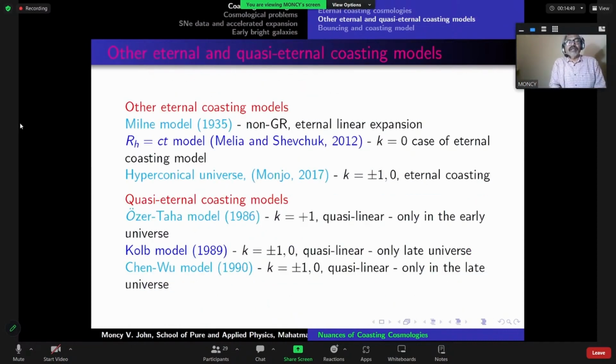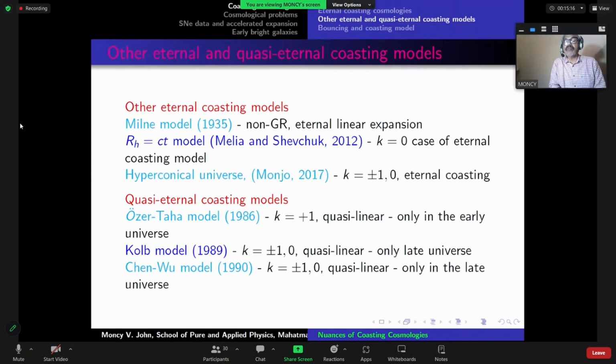And let me now consider the other eternal coasting models discussed in the literature. The classic Milne model of 1935 is a non-gravitational model. It has eternal linear expansion, but it is not a realistic model because it does not consider even gravity.